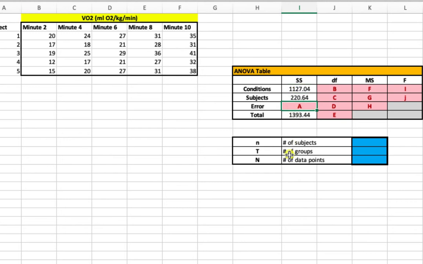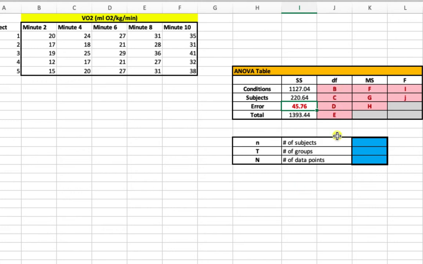So we can easily identify the error sum of squares by subtracting conditions and subjects sum of squares from the total sum of squares. We do equals total minus conditions minus subjects, press enter, and we get the sum of squares for our error, or residuals.